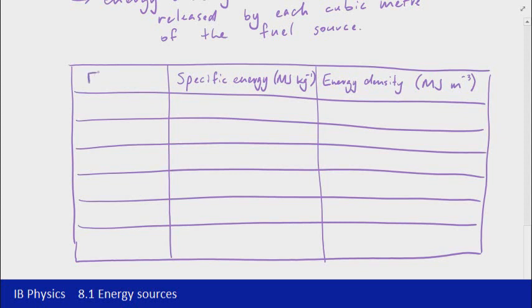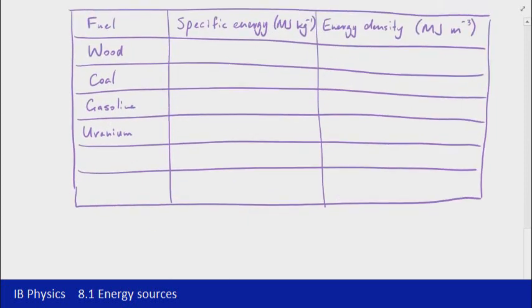And in the left-hand column here, we're going to deal with the fuel source itself. So some of the fuel sources that we'll have a look at are wood, coal, gasoline or petrol, and then a few of the others that are a little bit more common these days as well, so things like uranium in the case of fission. So nuclear fission is what we're really dealing with there.